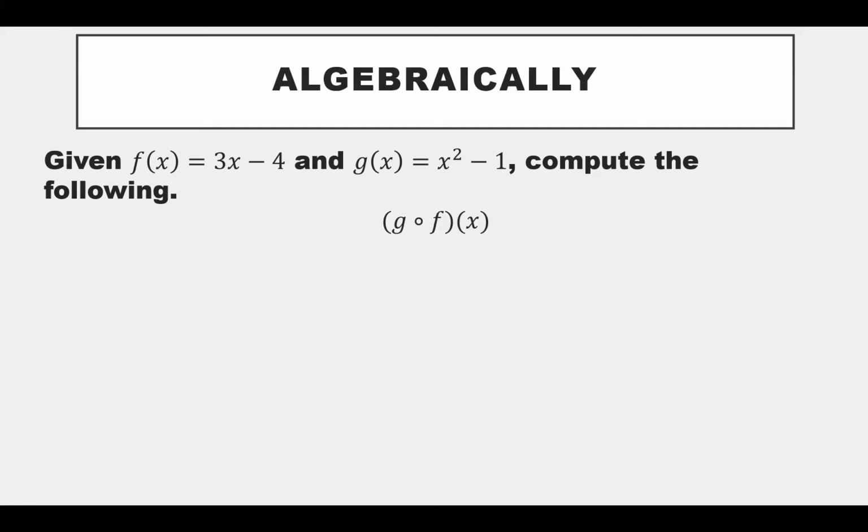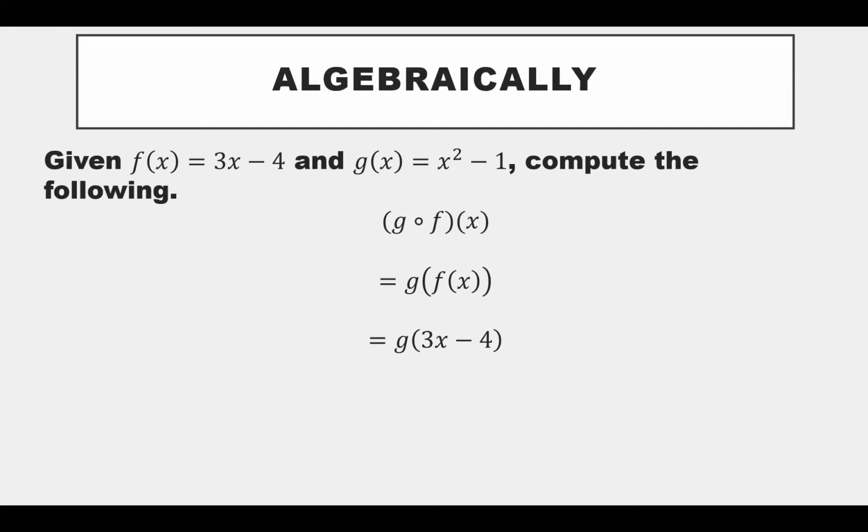We can compose in the other direction as well. G of f of x means that I plug in f of x as the input of g. Well, the output of f of x is 3x minus 4. So that 3x minus 4 goes in as the input of g. G is x squared minus 1.